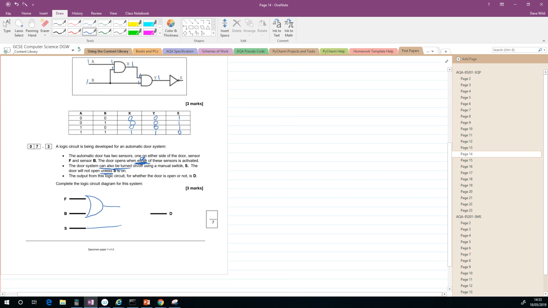Okay, so the manual switch, the door will not open unless this is on. This must be on. So this therefore must be an AND gate. So this is AND and this one is OR. So either of these must be on, but this switch certainly must be on. Okay, so these must be both ANDed in order to be on.